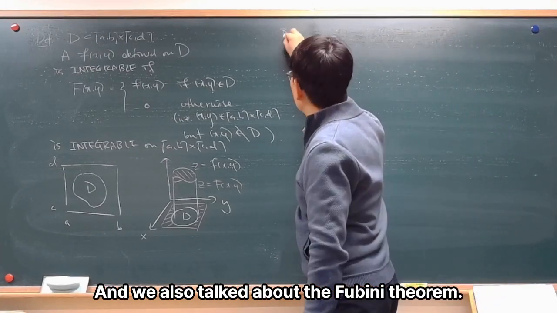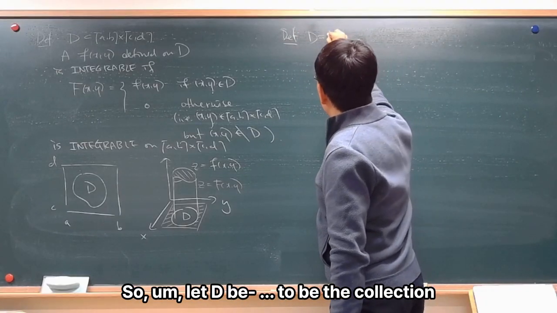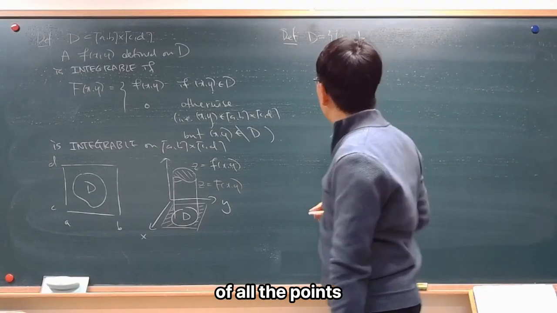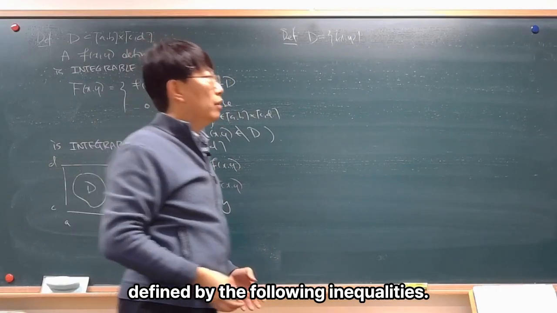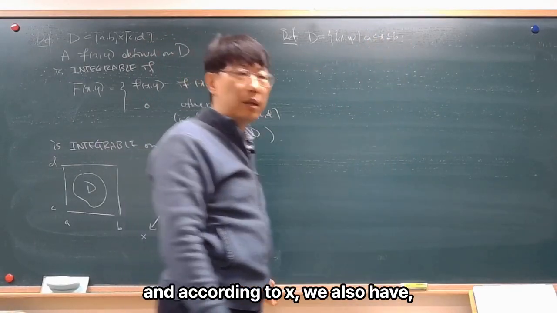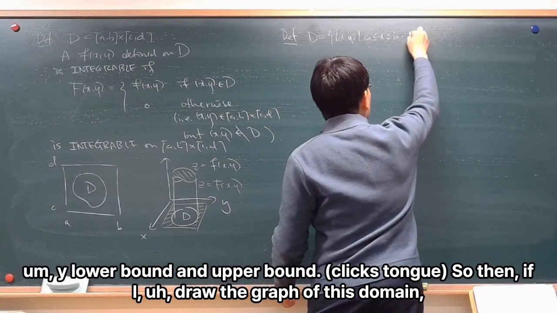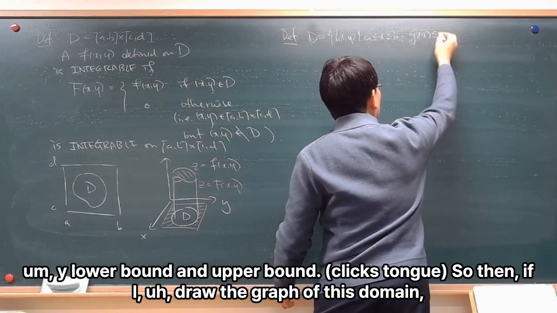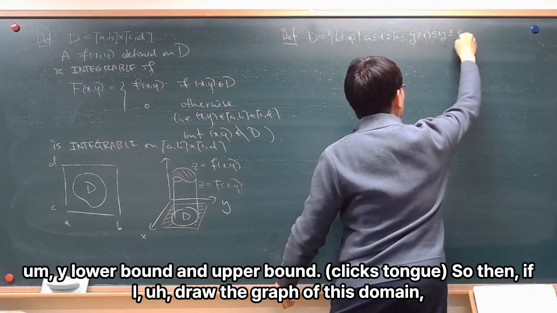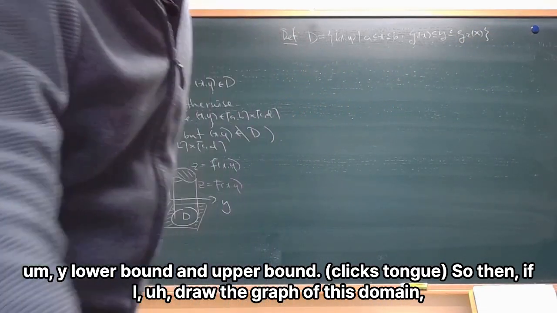And we also talked about the Fubini theorem. So let D be the collection of all the points defined by the following inequalities. We have x lying between a and b, and according to x, we also have y, a lower bound and an upper bound.